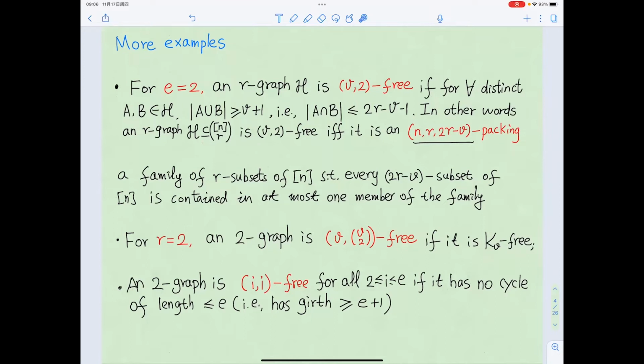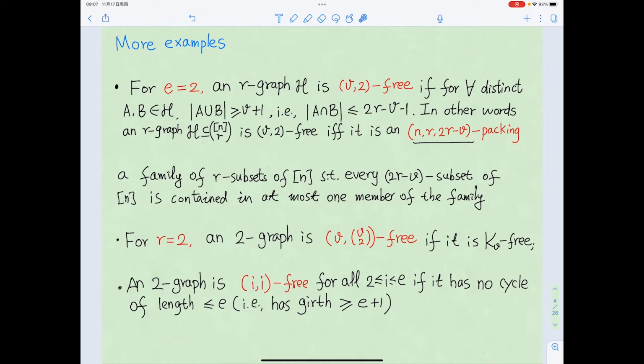If r equals 2, the usual graph case, an r-graph is (v, v choose 2)-free if and only if it is K_v-free, that is, if and only if it does not contain a complete graph on v vertices.